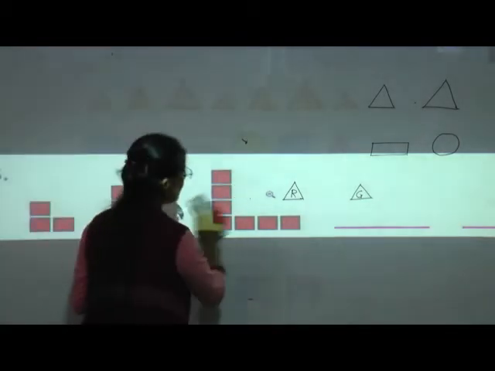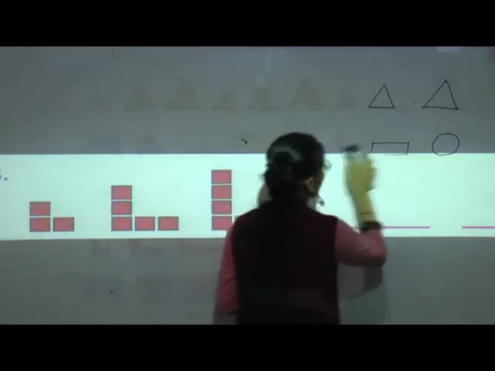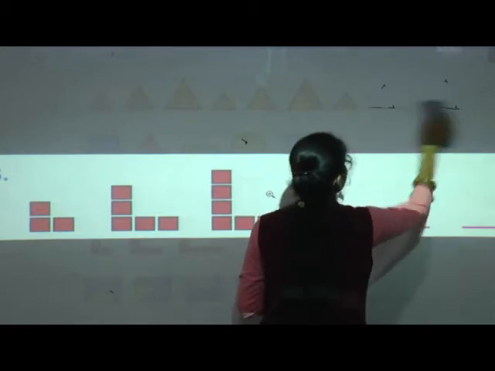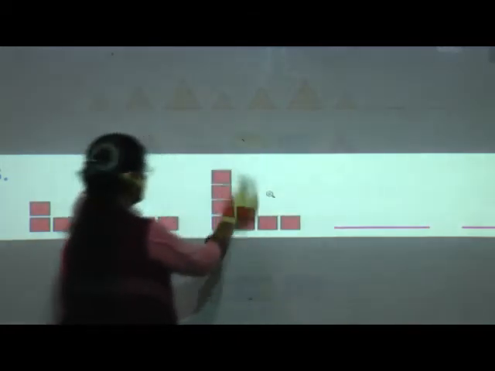Now see here, this is a different pattern, but it is also easy. Here everywhere squares are there and color is also same, all are red in color, but this pattern is by changing the number of shapes. Now see, this is vertically. Okay, vertically we will count first. How many squares are there? 1, 2. Vertically 2 squares are there, and if you count horizontally also 2 squares are there, isn't it? 1, 2, 1, 2.